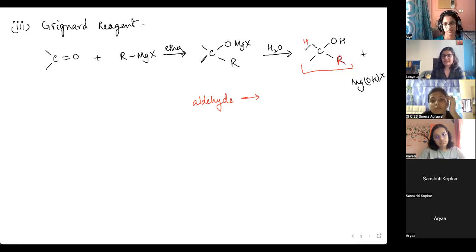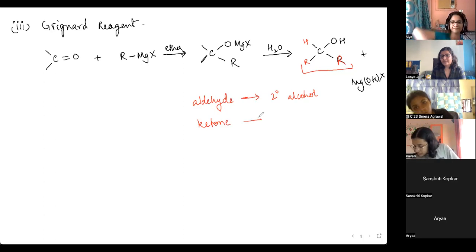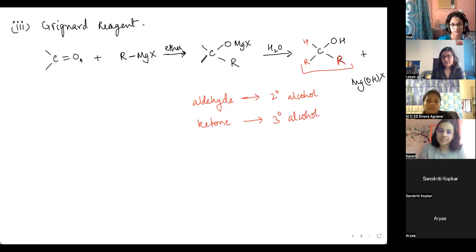So if one of them is an H and one of them is an R, you end up getting a secondary alcohol. And if you start off with a ketone, then what do you get? Tertiary. Tertiary alcohol, yes. If you want a primary alcohol by this method, what do you need to use?